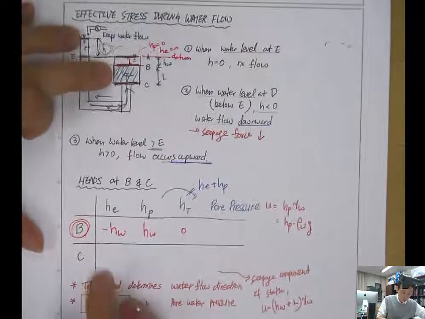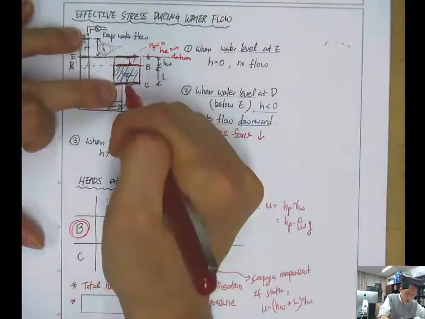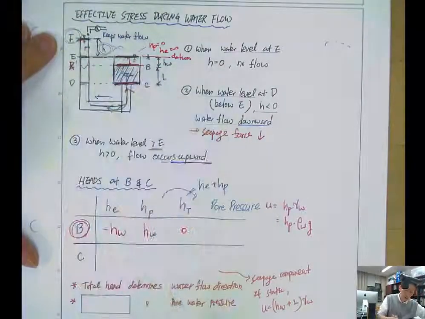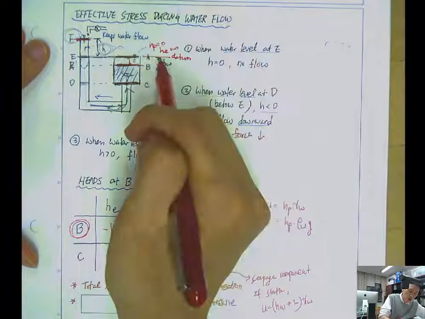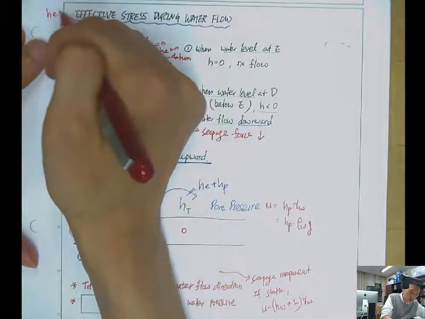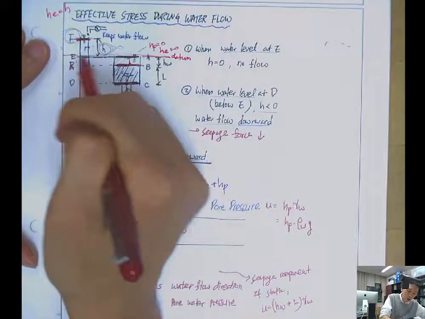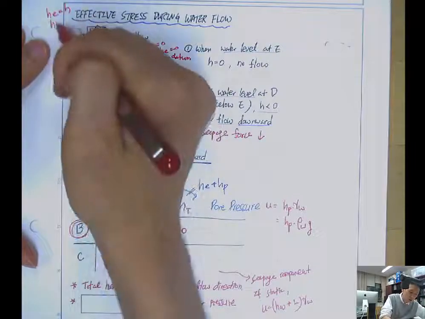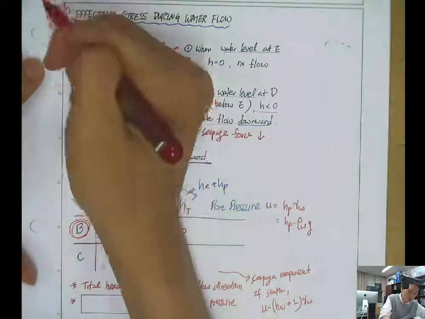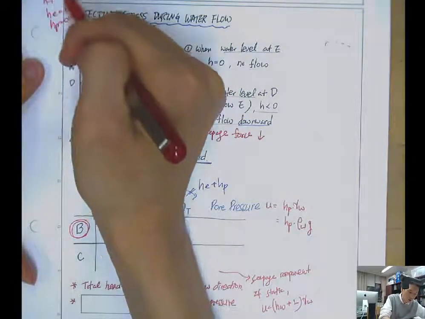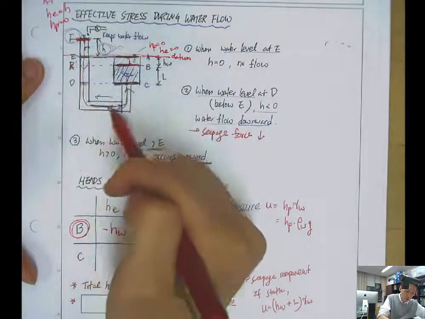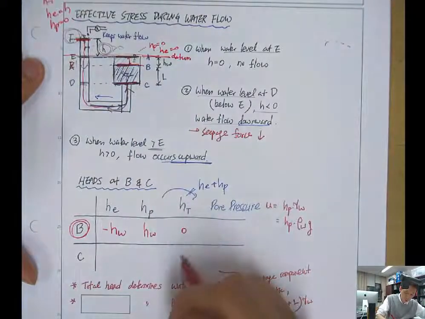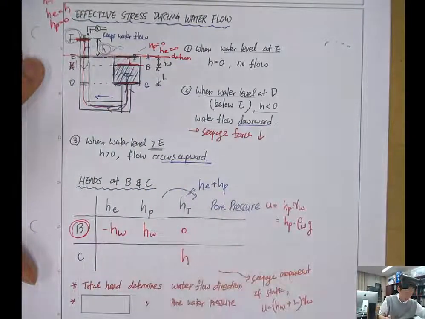And what about C here? You have to think from here, right? So at F, the elevation head is H, and the pressure head is 0. So total head is H. Then this total head will be conserved to the bottom of the soil. So you have an H here.